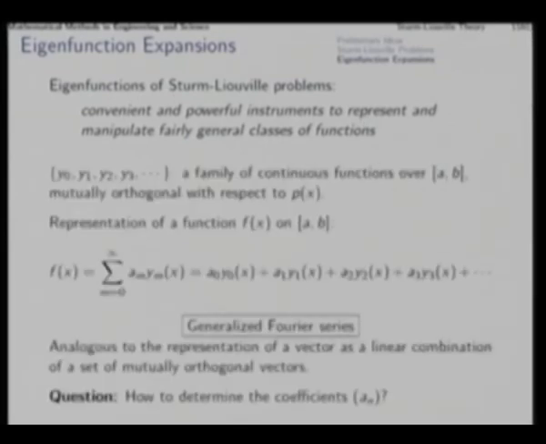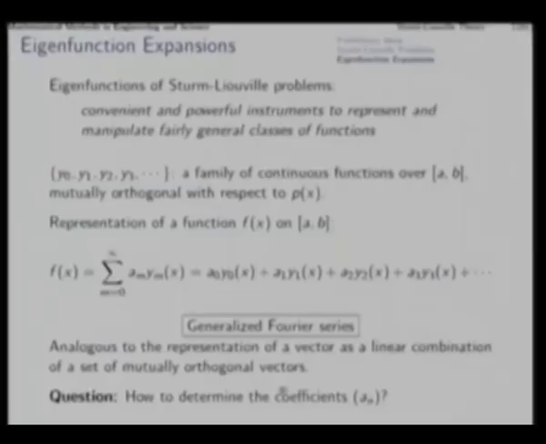For function representation, if you select a family of functions y0, y1, y2, y3, etc., which are continuous functions over an interval and mutually orthogonal, then a representation of a function over this interval could be made as a linear combination of this family. Of course, this will be an infinite series in general, and this kind of series is called a generalized Fourier series, which is analogous to the representation of a vector as a linear combination of several orthogonal basis vectors.